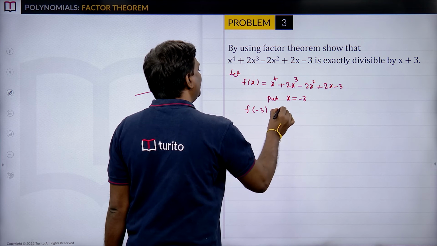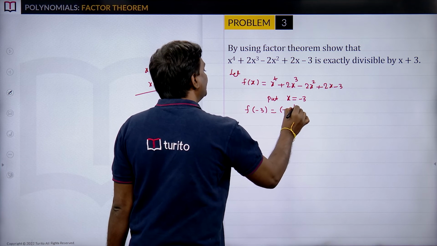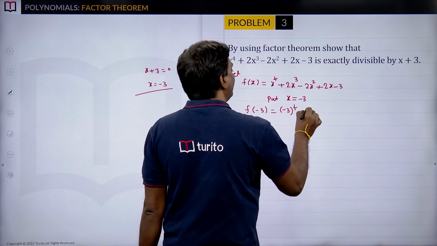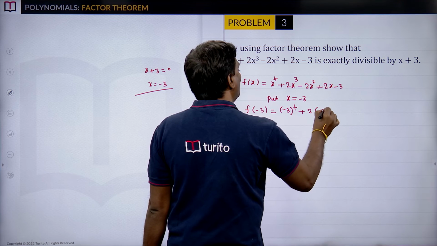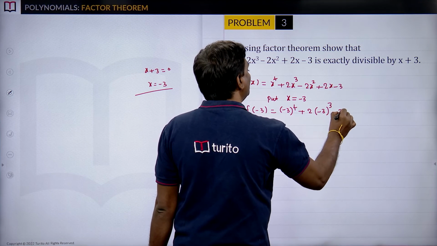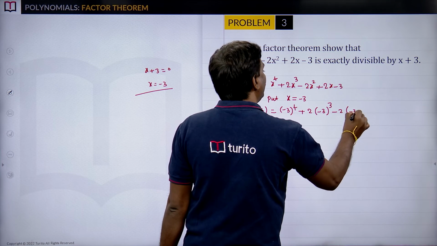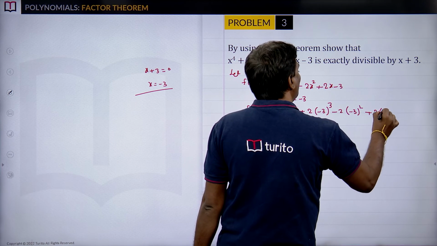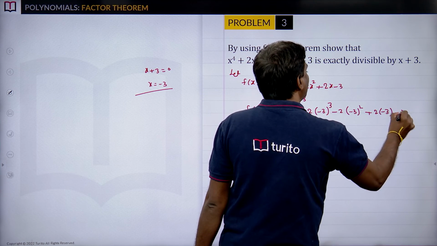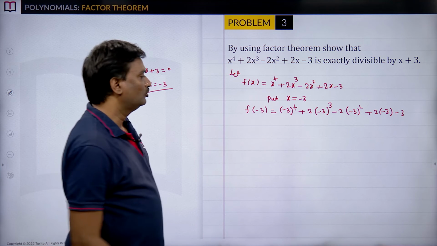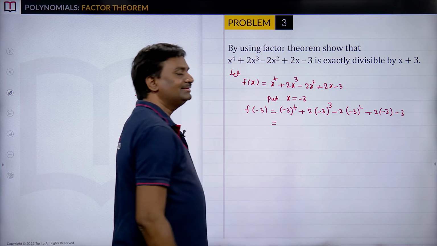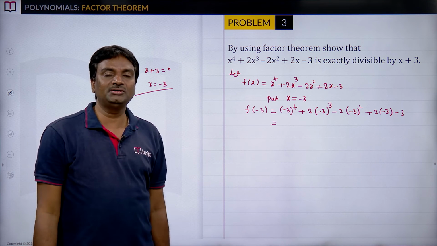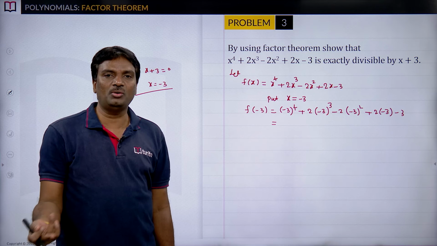f of minus 3 equal to (minus 3) power 4 plus 2 into (minus 3) whole cube minus 2 into (minus 3) whole square plus 2 into minus 3 minus 3. So, by simplifying, minus 3 power 4 is minus 3 into minus 3 into minus 3 into minus 3.